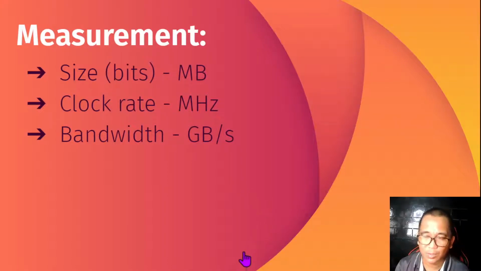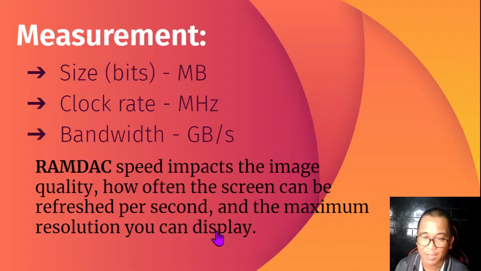One thing that makes an impact on our video card is the RAM speed. The speed impacts the image quality: how often the screen can be refreshed per second and the maximum resolution you can display.